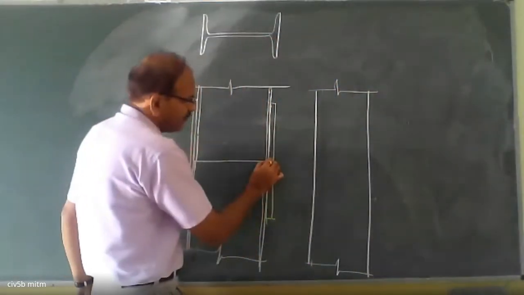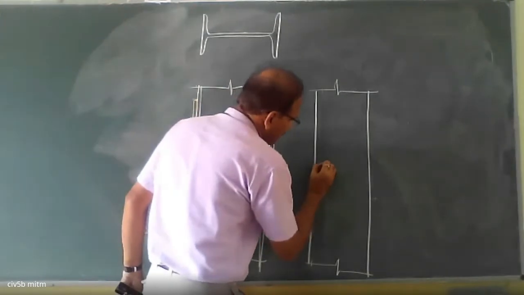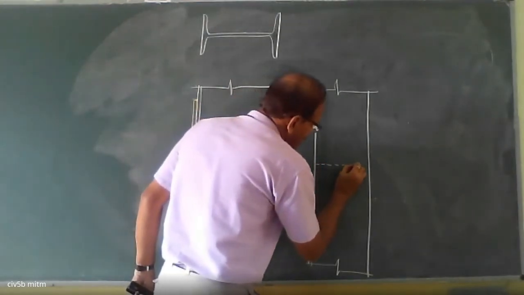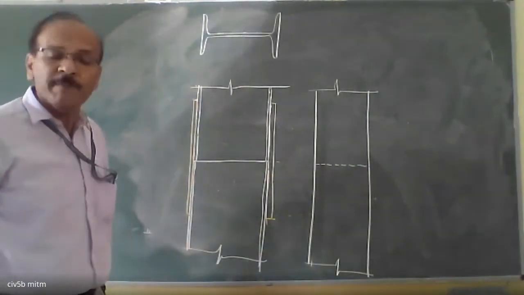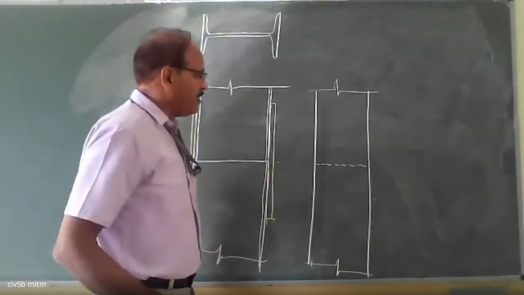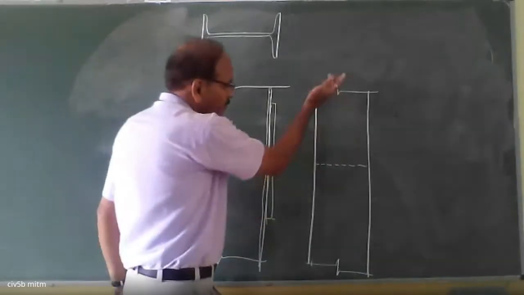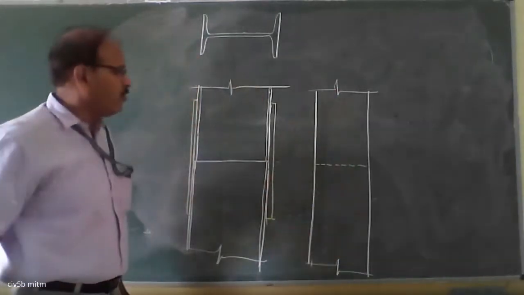But here, there is a line, which I am writing as a dotted line because it is hidden behind the splicing plate. This is one piece, and this is the lower piece.